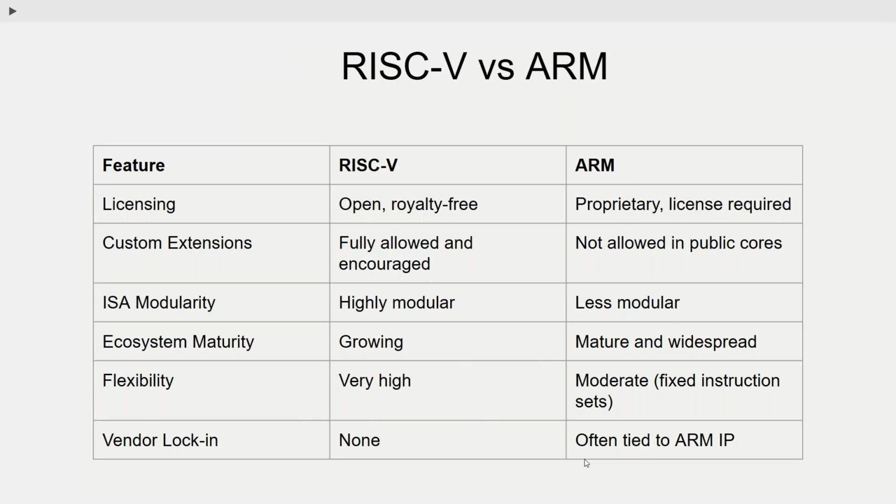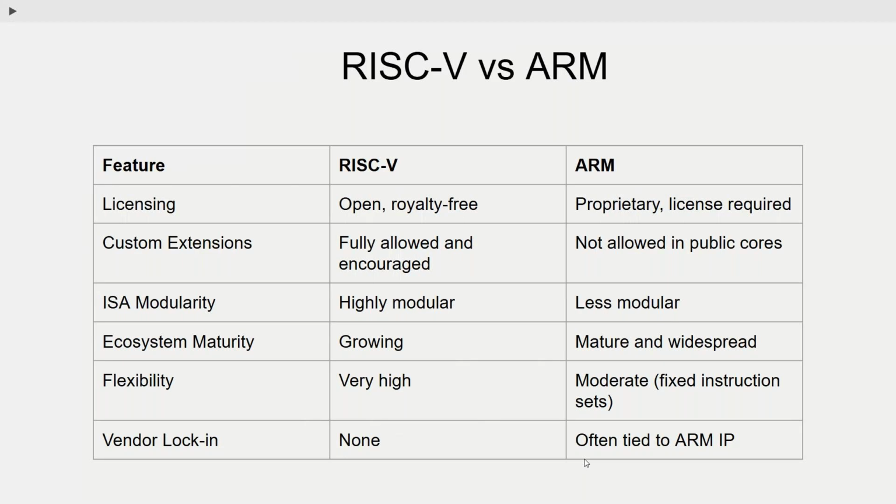It is tied to vendor lock-in, in the sense that it is licensed. ARM is less modular because you have to take their IP and utilize it as is. You do not have flexibility or RTL access to modify that architecture.